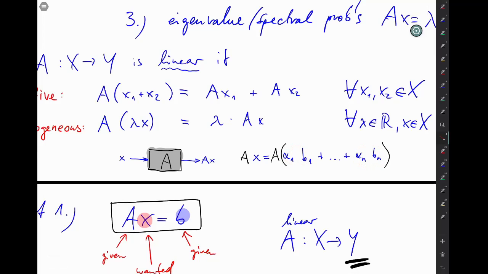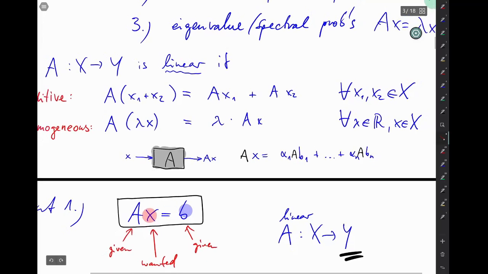So in the end you would just send b1, b2 and so on up to bn through your black box A, and then take the results, multiply them by little alphas and add up everything. This is exactly what you learn in your linear algebra course: it's enough to know what the operator does to your basis elements, and already you know what it does to an arbitrary linear combination of those.